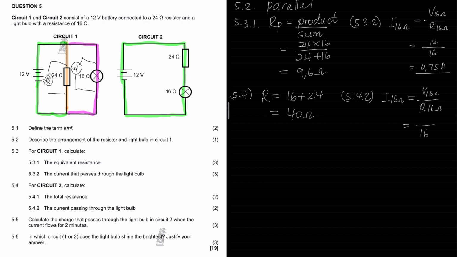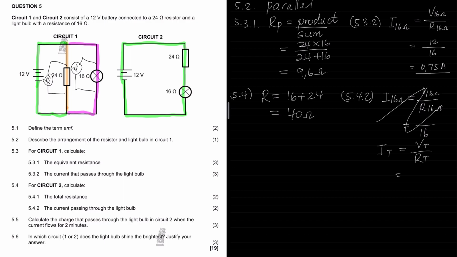Instead, what we should do is understand that the current is not changing. The total current is going to be passing through the 16 ohm resistor and the 24 ohm resistor. So rather we should be calculating the total current in the circuit. So let's leave this out and say that I total is going to equal V total divided by R total.